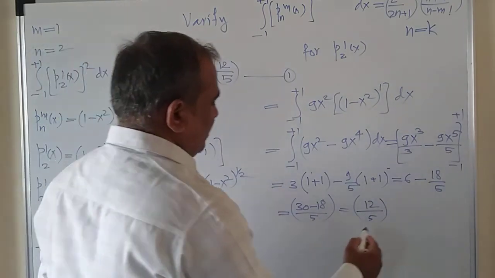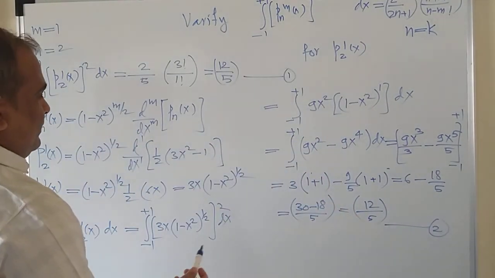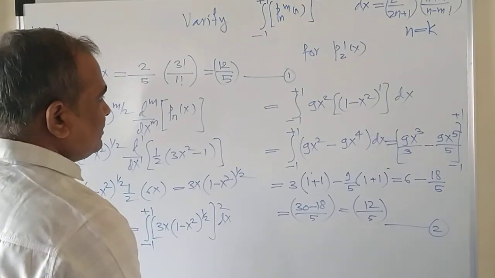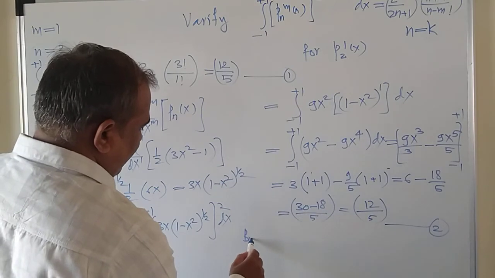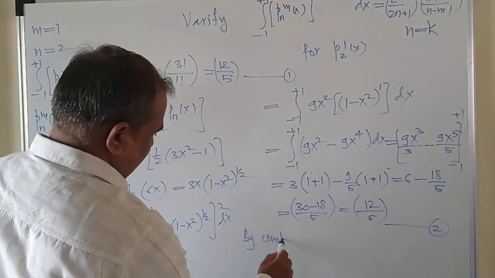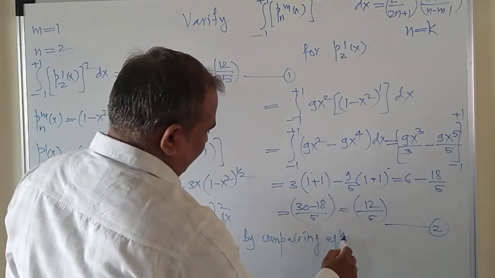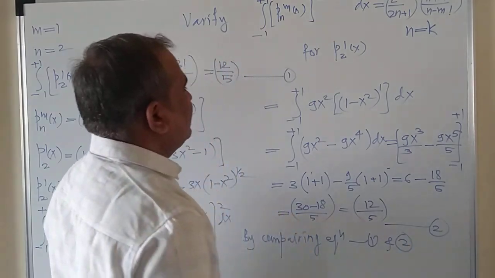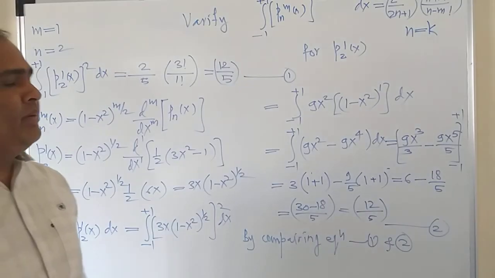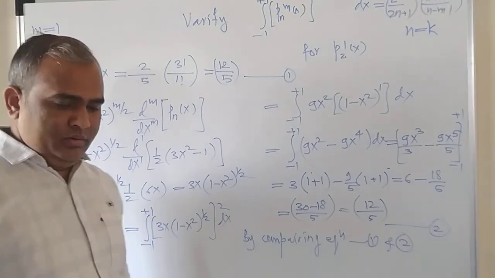And see equation number 1, and let us say this is equation number 2. So both give you the same value, and hence, by comparing equation 1 and 2, we can say that the orthogonality property for associated Legendre polynomial has been proved, right?